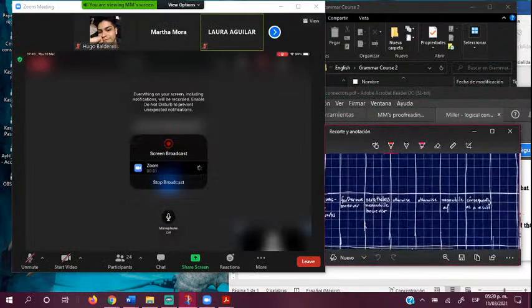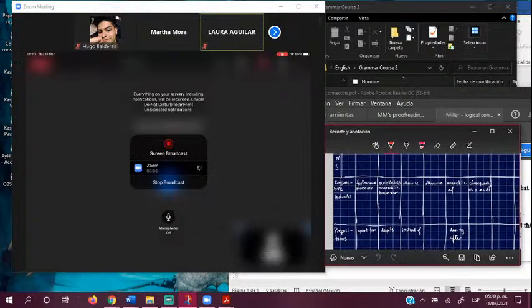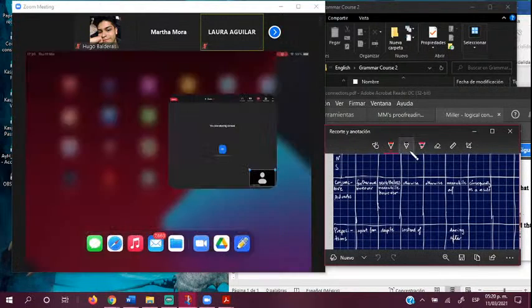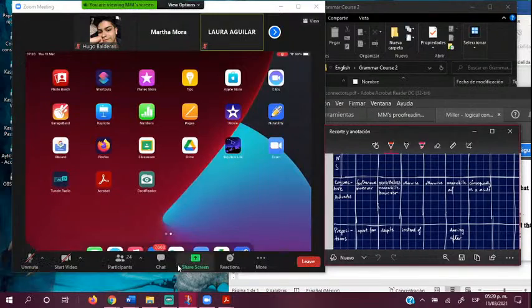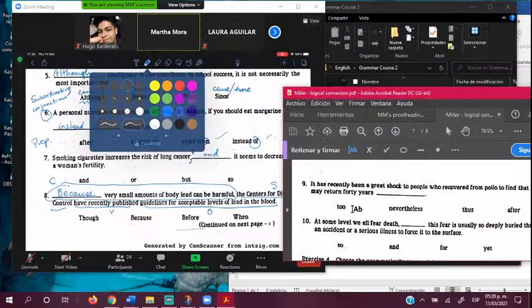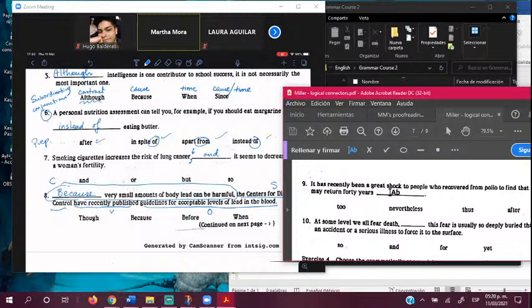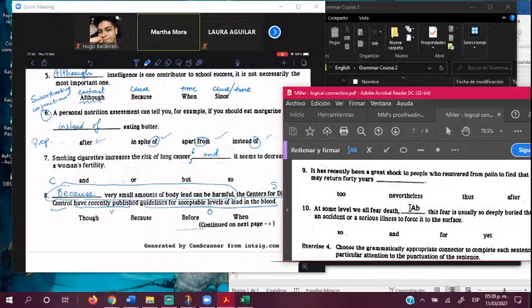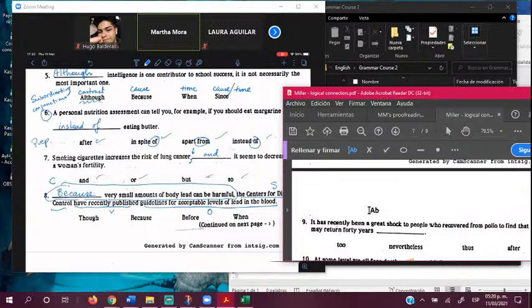So what was your observation? Did you have any comment? So we have already classified after, in spite of, apart from, and instead of. So in number 7, all of them are already in the chart, right or not? Yes.